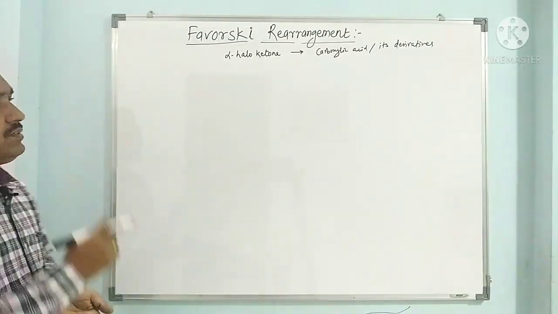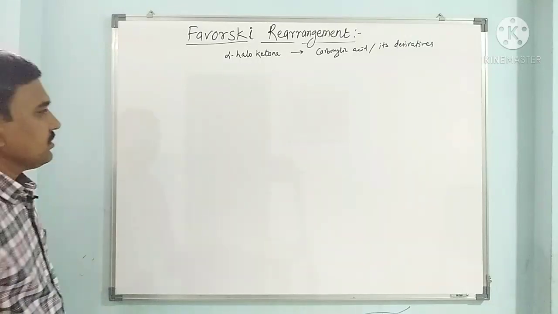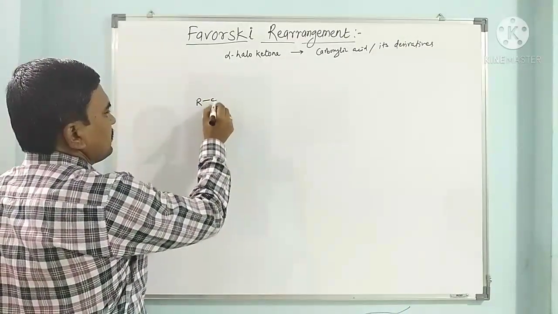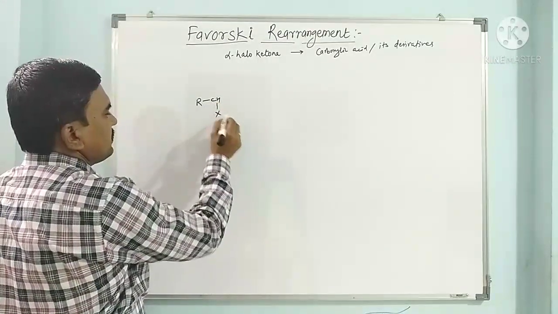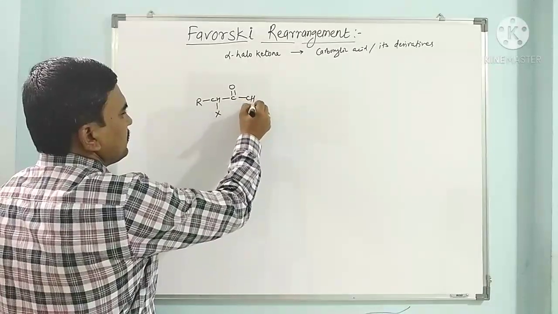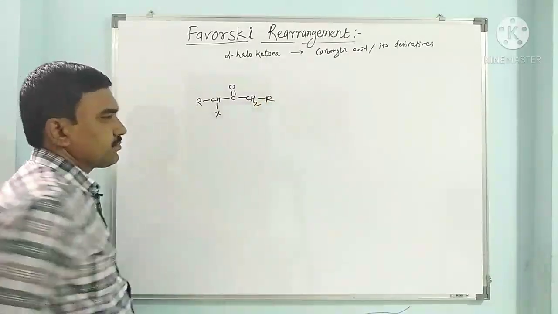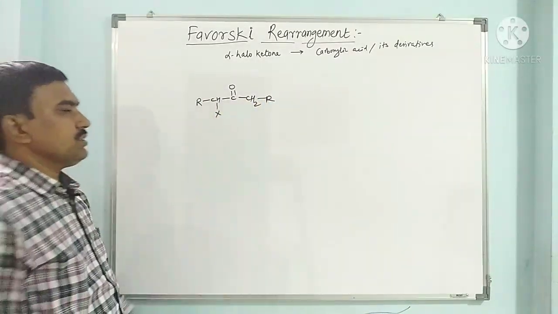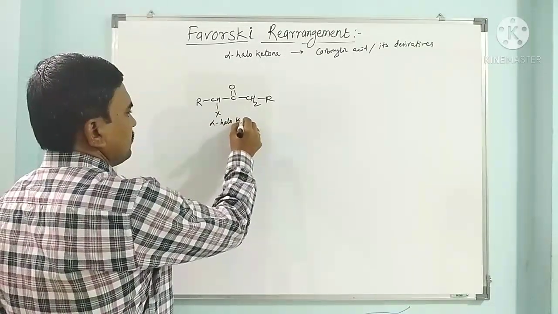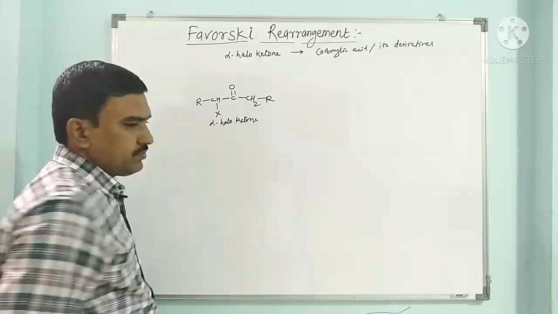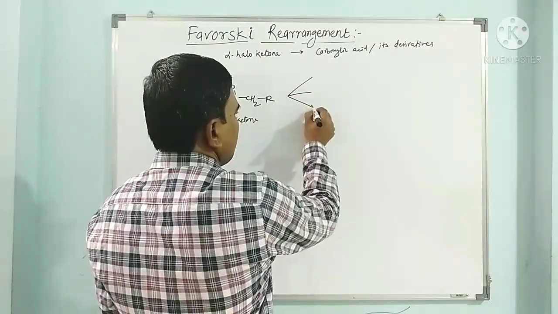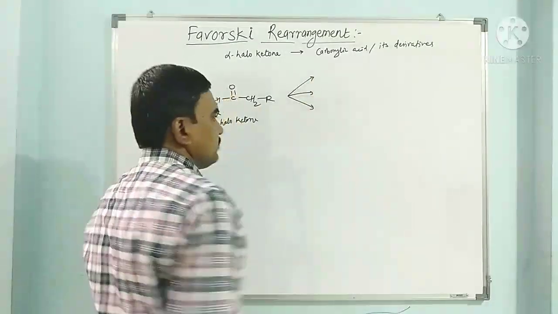Now here we have to see a first general example. When we have R, CH, here this X, CO, CH2R. This is alpha haloketone. When it reacts with, now I have to see here three different bases.